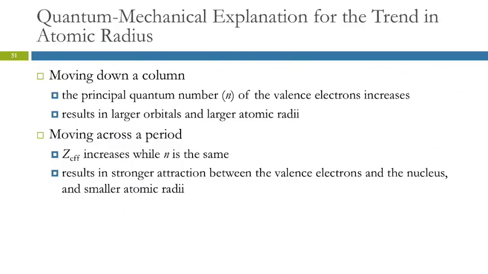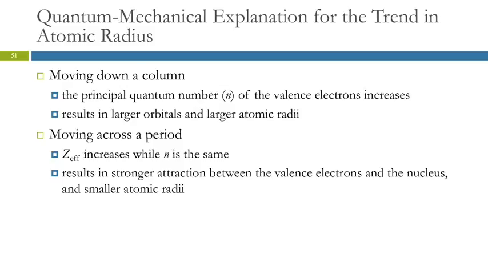Okay, so back to the trend in atomic radius. As you go down a column, principal quantum number is increasing, and that gives us larger orbitals and understandably larger atomic radius. This one people don't have trouble with. It's going across the period. The effective nuclear charge is increasing because the number of core electrons stays the same as you go across a period.